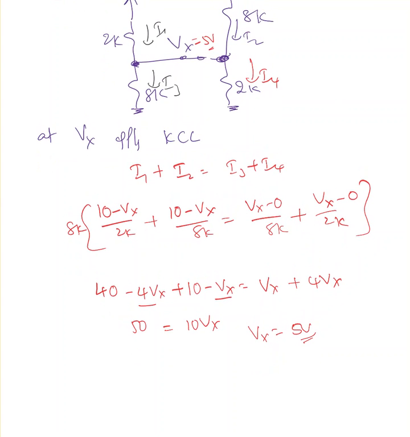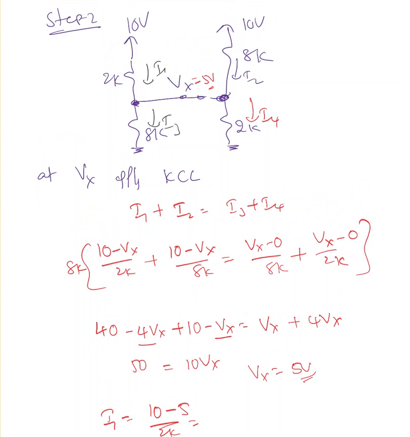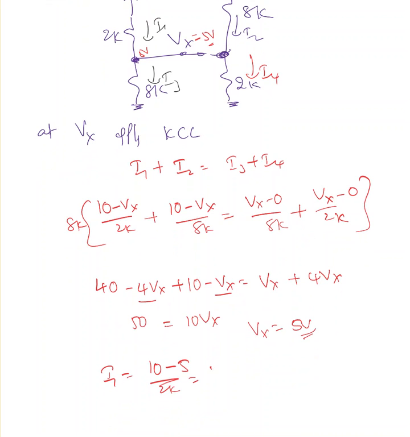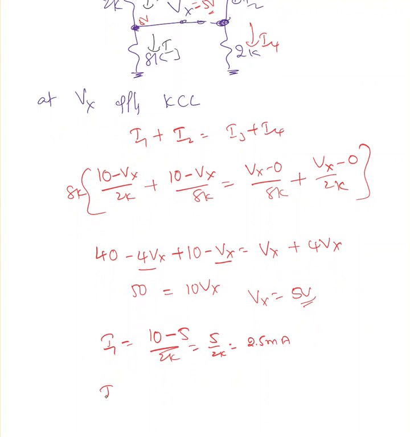Once I find that, I can find the current I3. Let me find I1 first. I1 equal to (10 minus 5) over 2K, because I know this voltage is 5, we just found it. So 5 over 2K, which is 2.5 milliampere. Now I'll find I3.